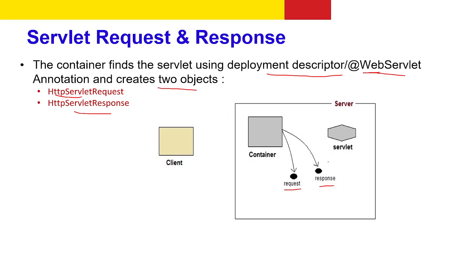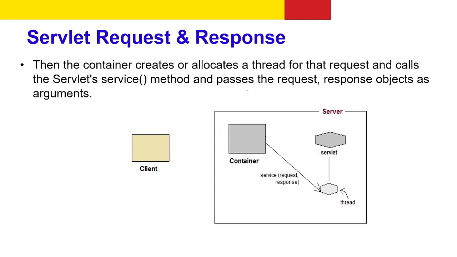The container then creates or allocates a thread for that request and calls the servlet's service method. I was telling you the working of the servlet, is it not? Only one servlet object is created, but each request is accessed through a separate thread.